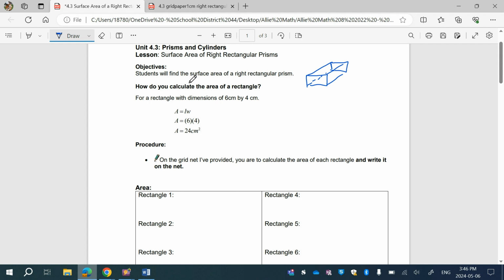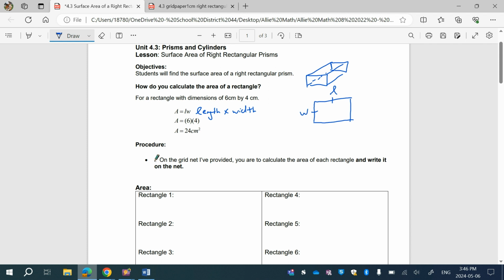How do you calculate the area of a rectangle? We did a decent amount of area in the beginning. Remember, we were finding area of squares. Area equals length, this L means length, times width.